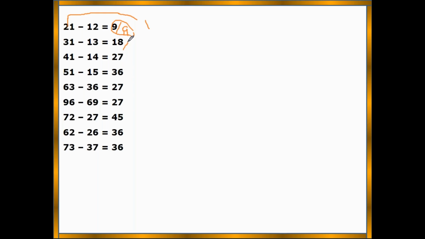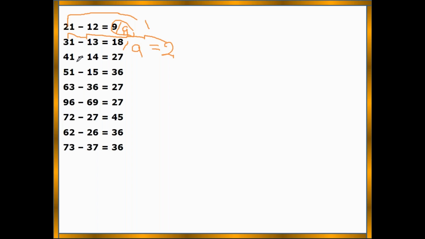If it is 18, then 18 by 9 is equal to 2, that is the difference between the digits, 3 minus 1.